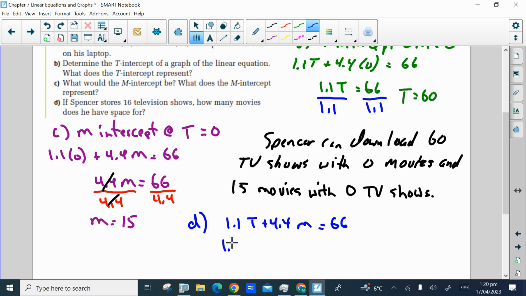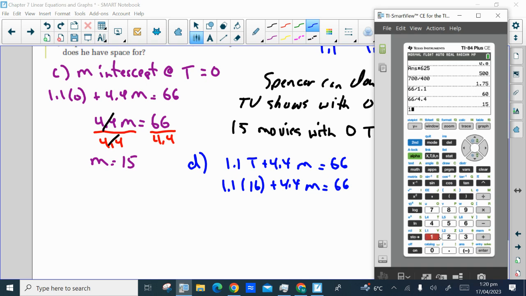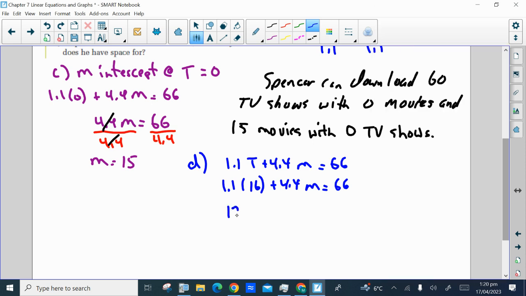We are told that he has 16 television shows, so t is 16. Now we want to solve for m. So on the left, 1.1 times 16 is 17.6 plus 4.4m equals 66.